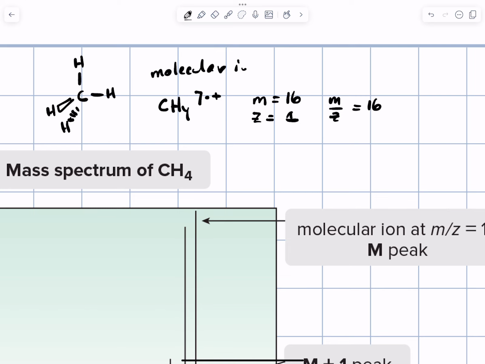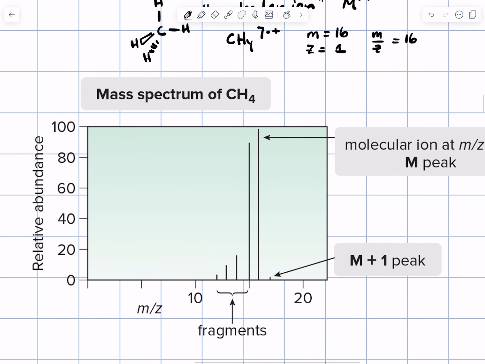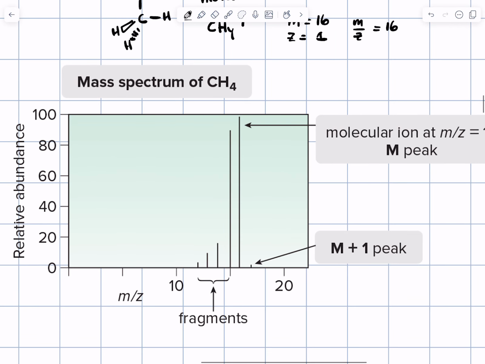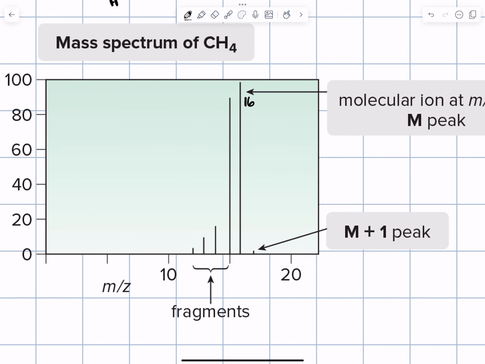We call this the molecular ion, which we also abbreviate as M, like that, because that's our molecule that has just been ionized and its charge is equal to 1. Now, if you look at the data for methane, you sort of have to count and interpolate, but this largest peak is at an m/z ratio of 16, okay?